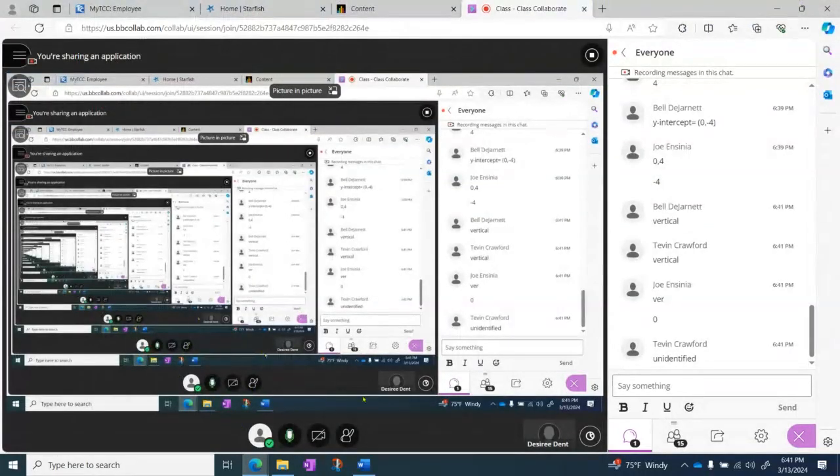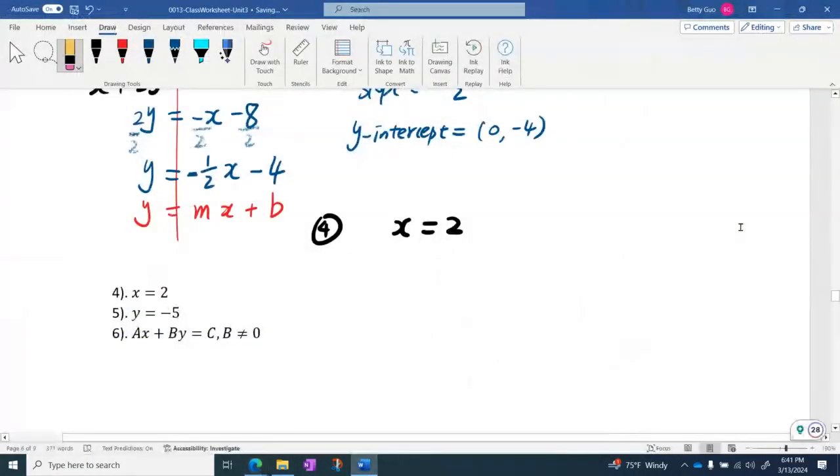Undefined, exactly, does not exist. Very good. That's the reason this equation cannot be written in slope-intercept form. The slope-intercept form does not exist.